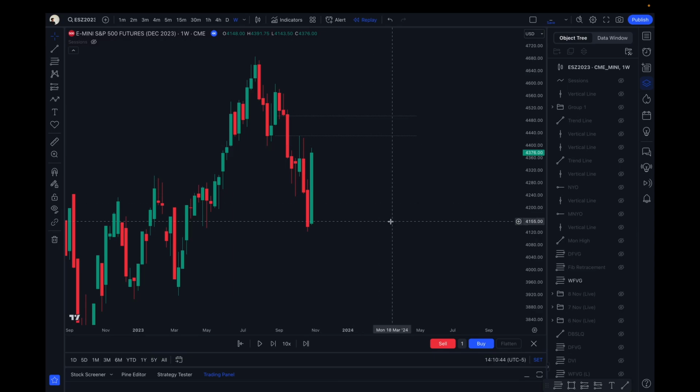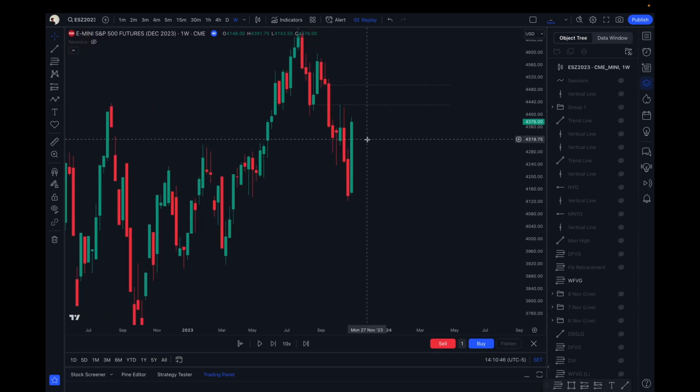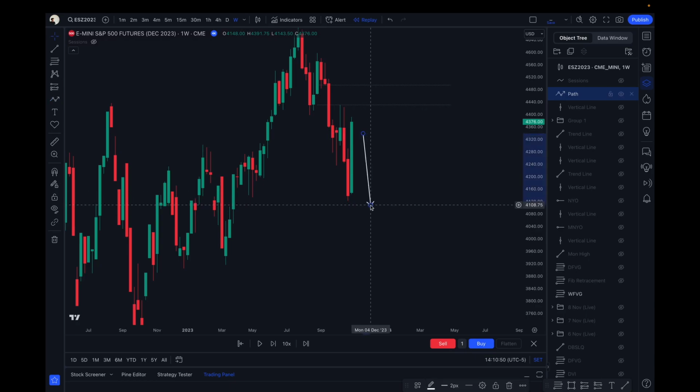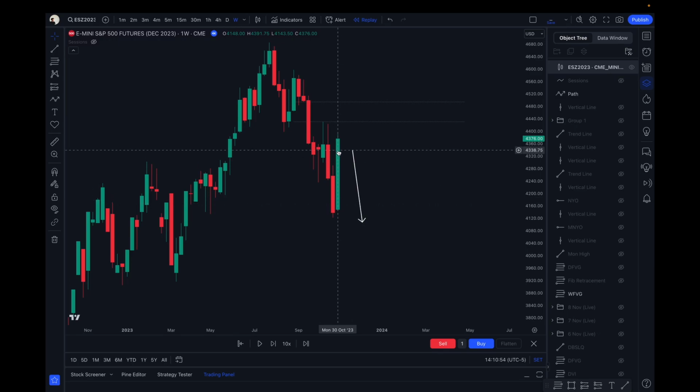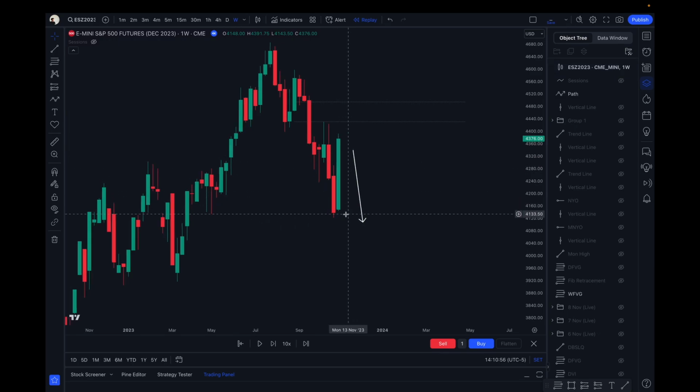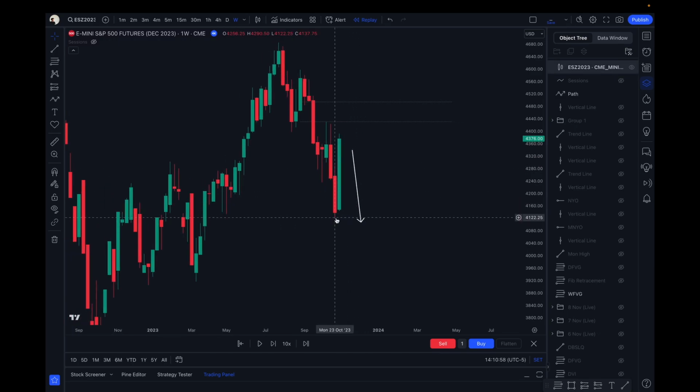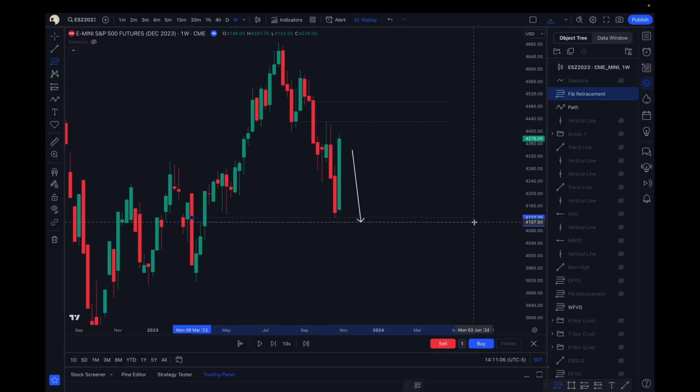If the price goes to the downside, in this case it's pretty unlikely because last week's candle is really strong, but it can happen. If it happens, it will be the narrow weekly fair value gap down here.